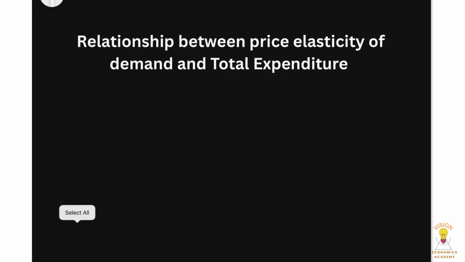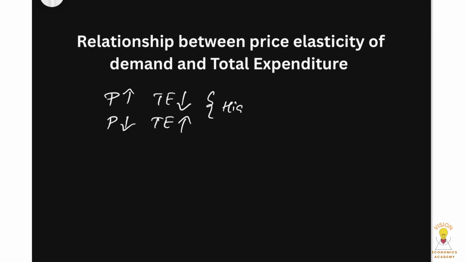When there is an opposite relation between the price and total expenditure, then it is highly elastic. Let's give one example.